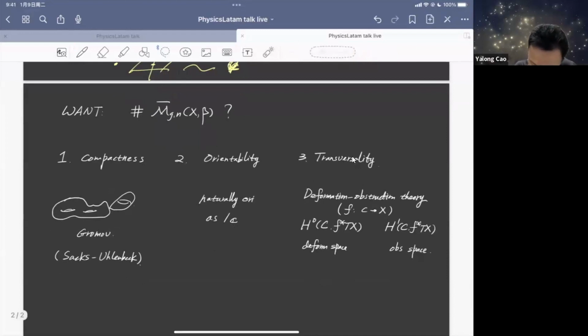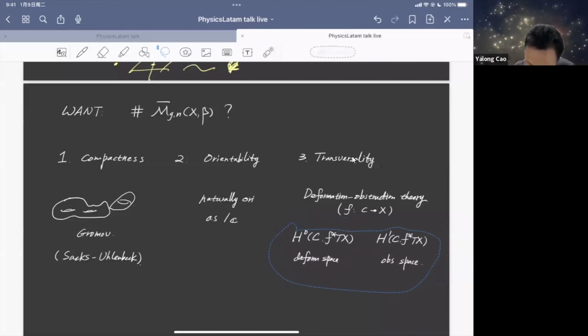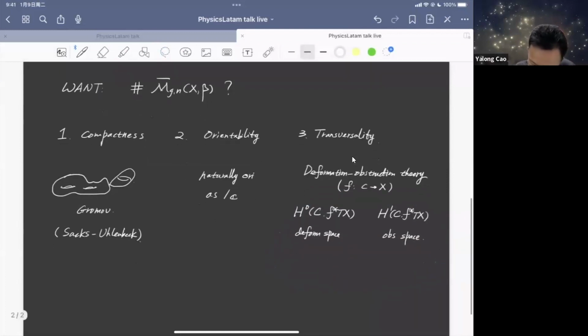To be more precise, everything is relative to the moduli of curves anyway. This is a technical part, but you can ignore it. So now we have the tangent space of this moduli space, and we have an obstruction space, which is a higher cohomology space, and there's a Kuranishi map.